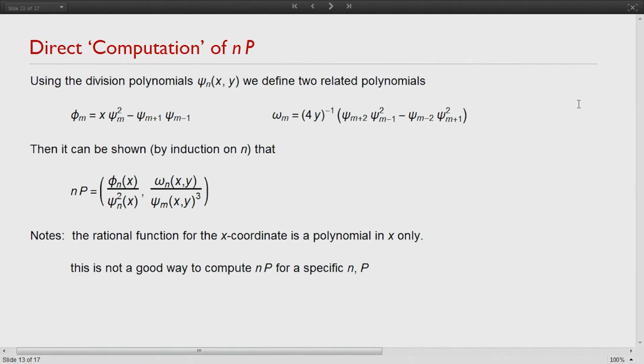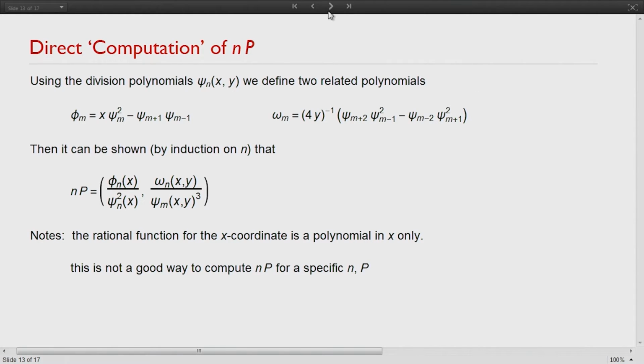These polynomials can be used to construct an explicit polynomial, rational function actually, formula for a multiple of a point. And by the way they're built, the y's will never be there. Y's only exist in odd powers of these polynomials.